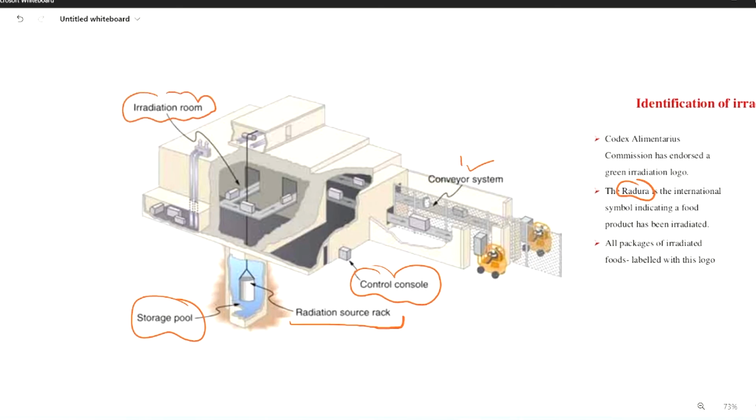So through the conveyor system, your food material will actually pass through this radiation room. As you can see here, the arrows. So the food material or the packets will pass through this radiation room and through the conveyor system, it will come outside where you can collect it and send it to the storage, right? So this is all irradiation.